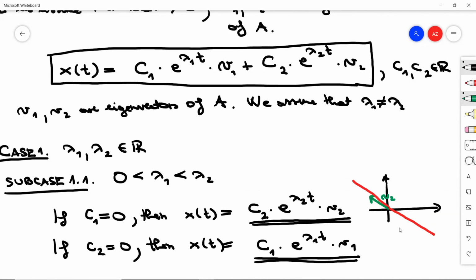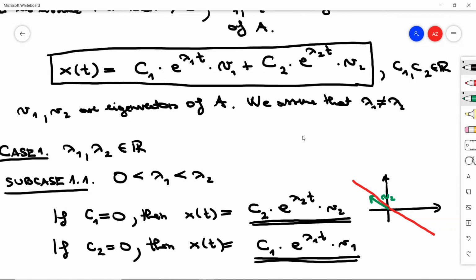We are just drawing the solution x(t), where one axis is the first coordinate function and the second axis represents the second coordinate function, x1 and x2. Note that here we don't have any explicit dependence on time, so it's an autonomous system.